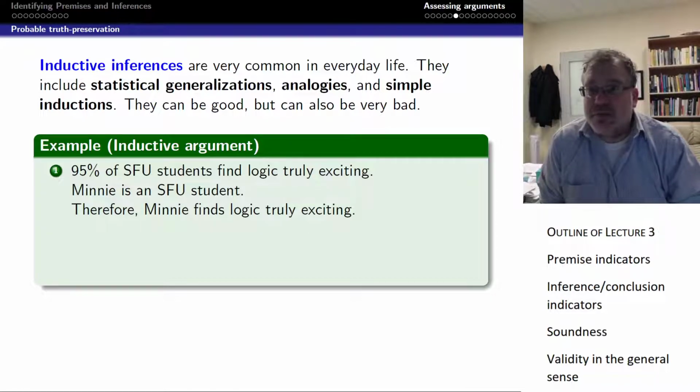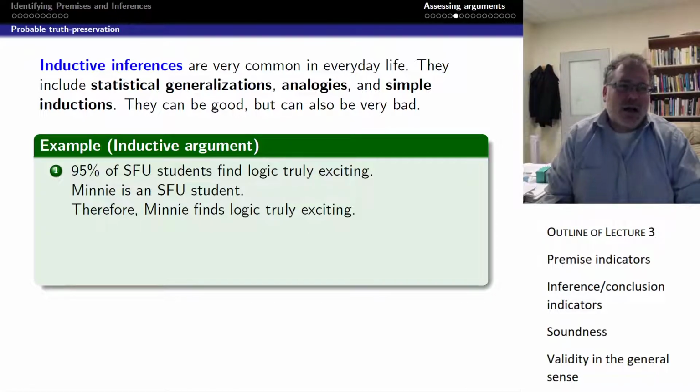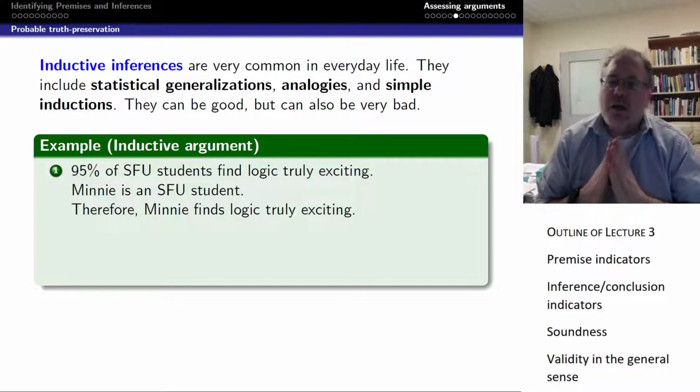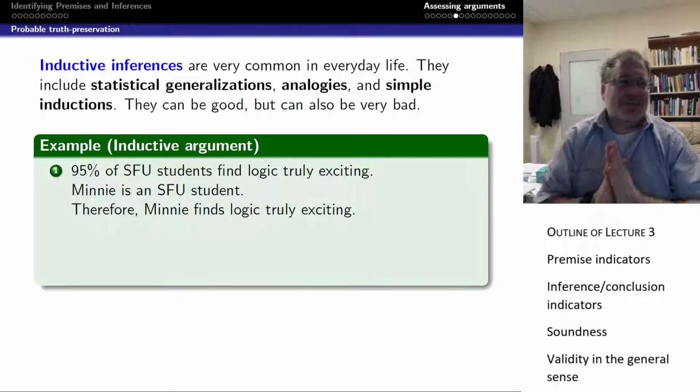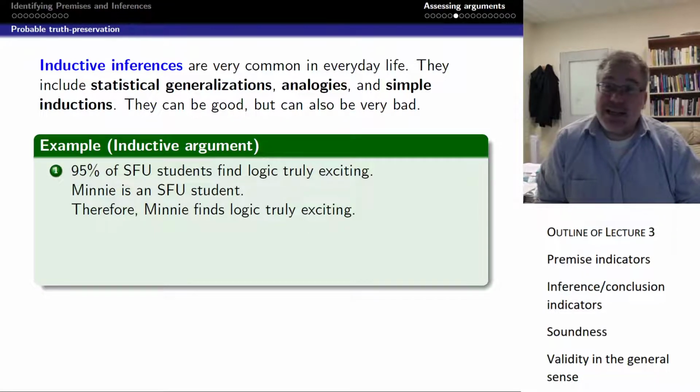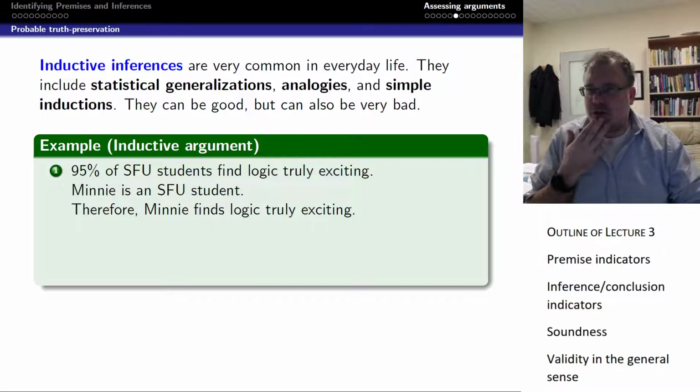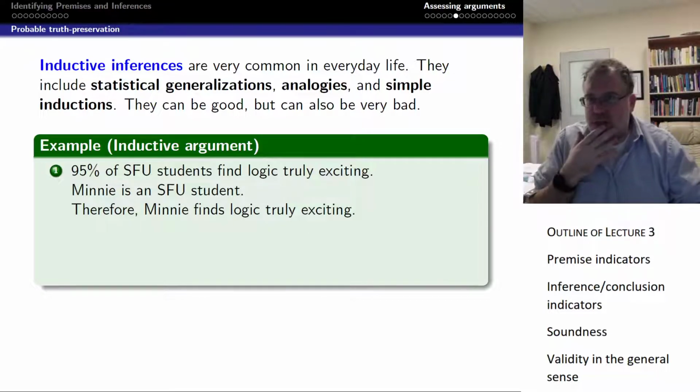In fact, it's 95% probable, right? But it's also possible that the conclusion is false, because Minnie could be among those poor few people who do not find logic truly exciting. So you see that the premises do give support to the conclusion, but it's not guaranteed that the conclusion is true if the premises are true.